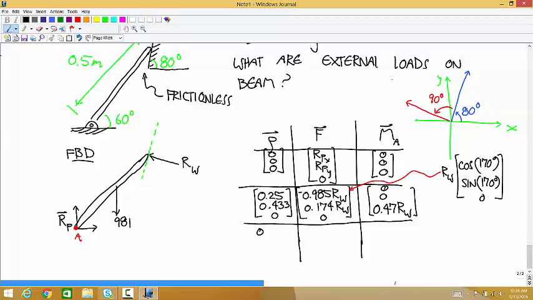And so the coordinates, or the row vector where this weight is applied, is 0.125, 0.217, 0. The weight force is 0, negative 981, 0. And the cross product is 0, 0, negative 122.625.